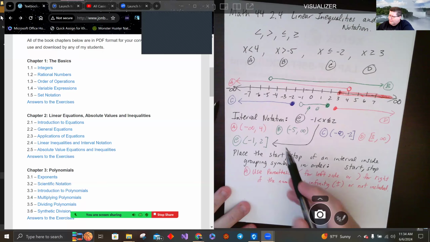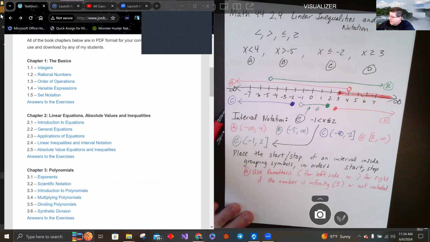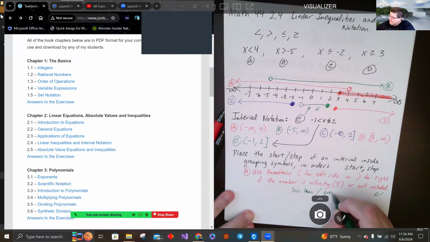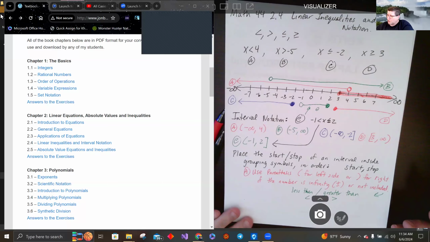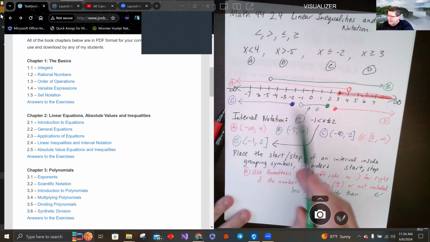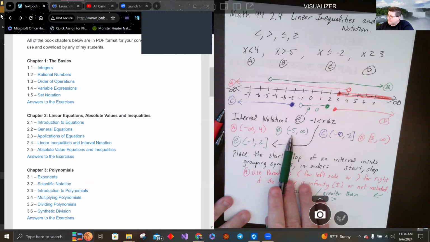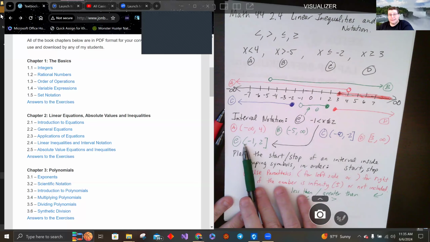Then for points that are not included, which applies with less than or greater than only. So on A and B, I had less than and greater than. The 4 and the -5 both got parentheses. This is called a compound inequality. The -1 had a less than, so the -1 got a parentheses.